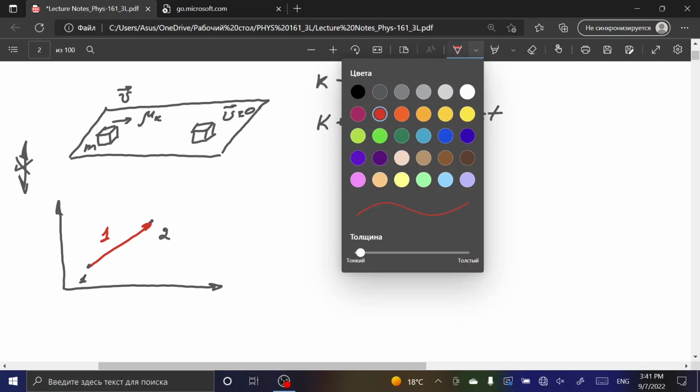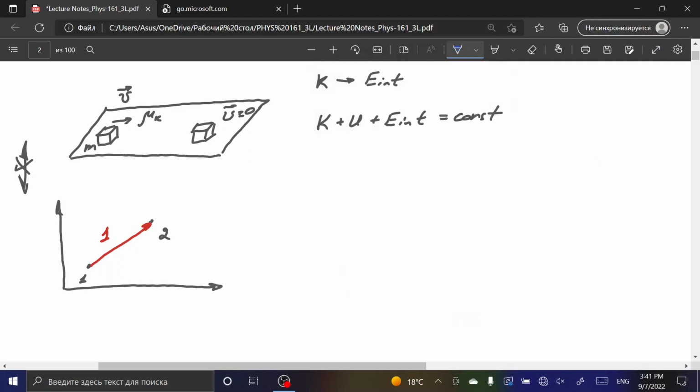However, there is an option to move this object also along a different path. Let's say path 2.